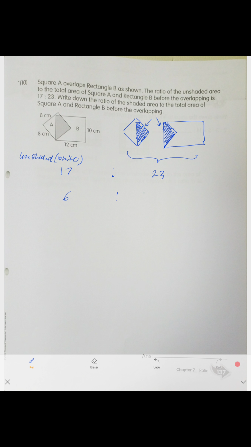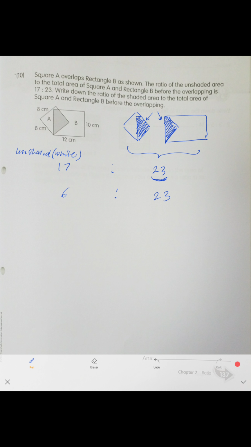The rest is 6 to 23, because the total is 23. So if unshaded white is 17, then these two are 6 to 23. But because there are two of them and then they become one, we need to divide it by 2. Half of it, only half of it.